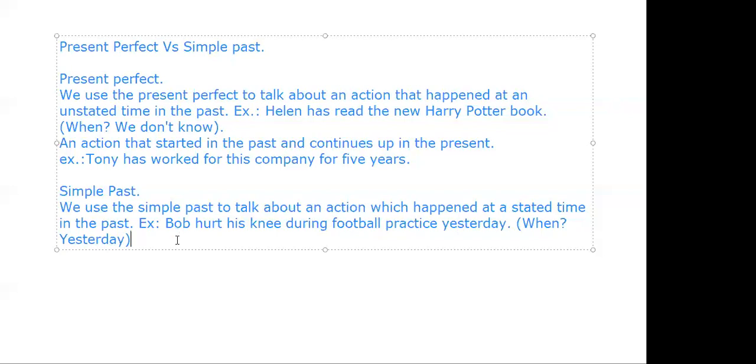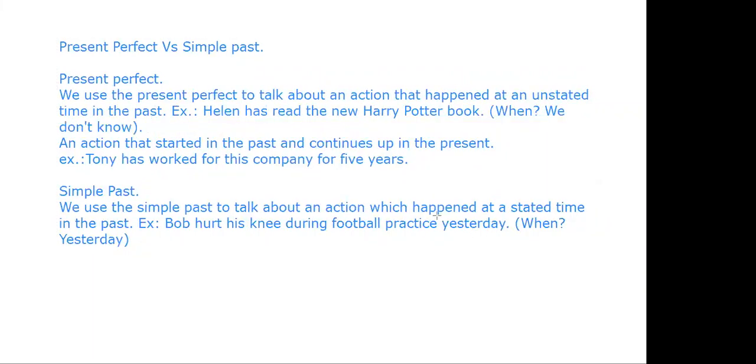So in the simple past, we have the time. We know when the action happened. The time is stated. We mentioned the time in here. Got it? So let me circle this. Yesterday. Stated. And here, unstated. So you can see the difference between them.